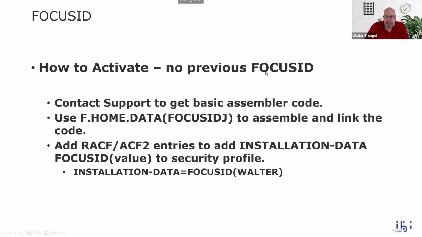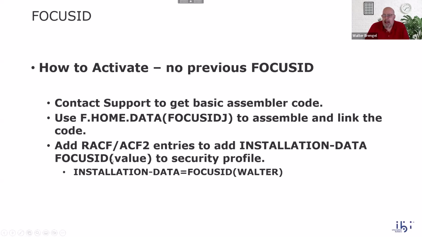If you haven't previously used Focus ID or don't have a Focus ID module, you need to contact support. And if you want to get our basic assembler code, inside of f.home.data is a member called Focus ID J, which is J for JCL, which will assemble and link the code that you're going to use, and it does an assembly code compilation.